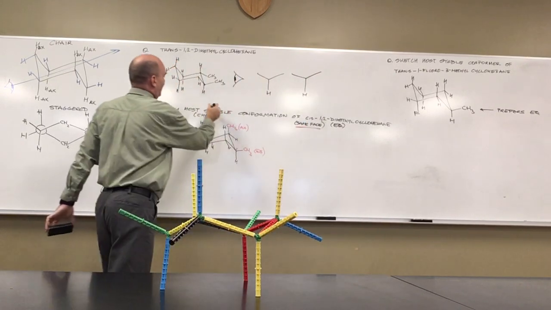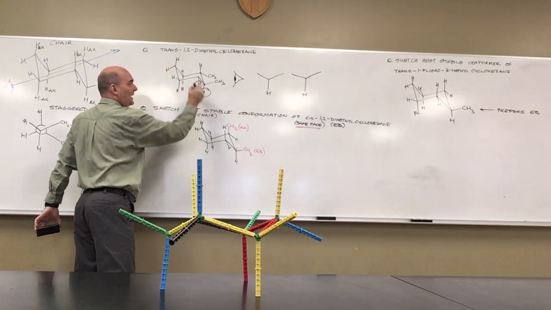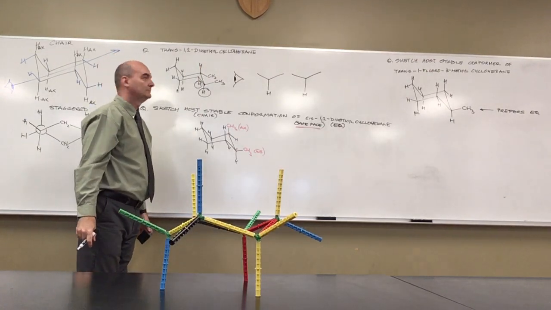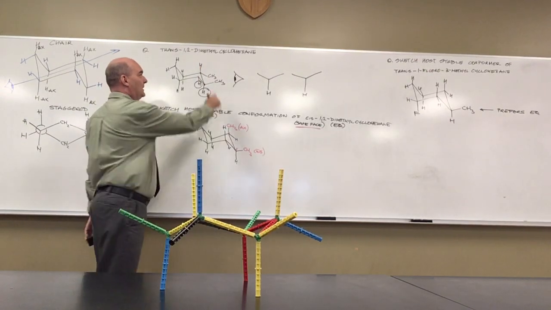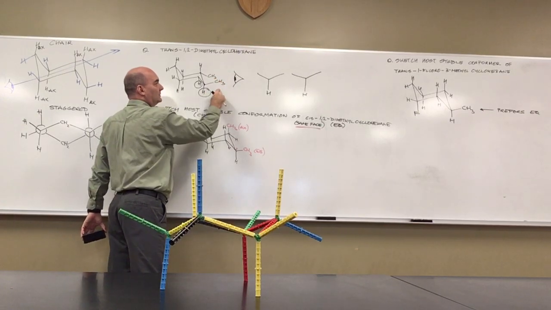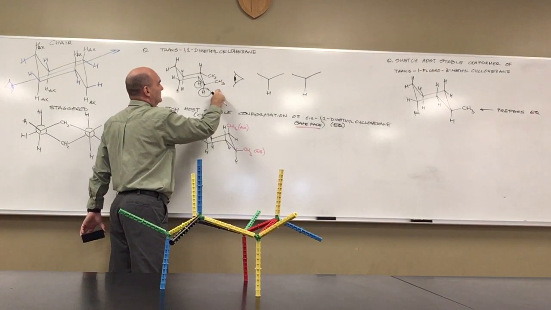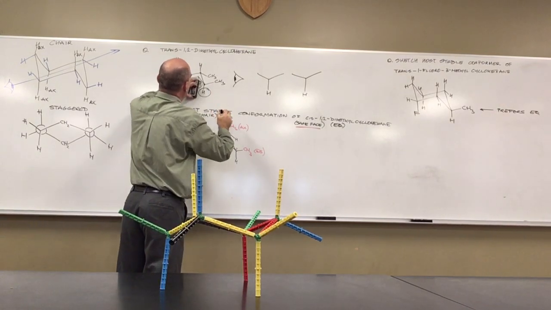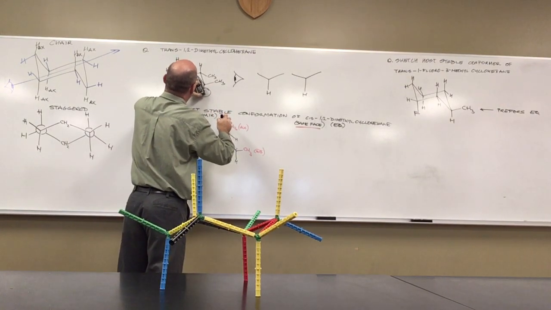And when I look at it at the front, those hydrogens, they're axial, they're pointing down. Which means the equatorial positions, hold on a second. No, it's the wrong one. It's the wrong one.